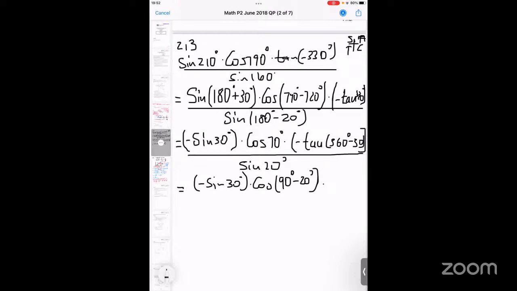Therefore the negative 30 will cancel the negative in front of tan, and we'll have positive tan 30. Then we're going to have sine 20.